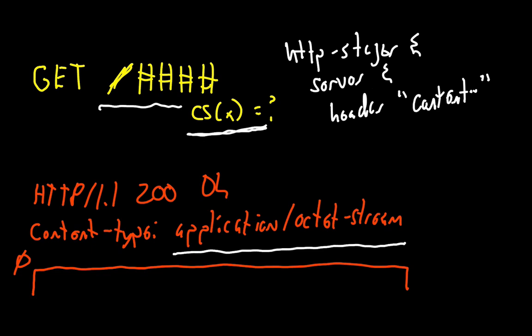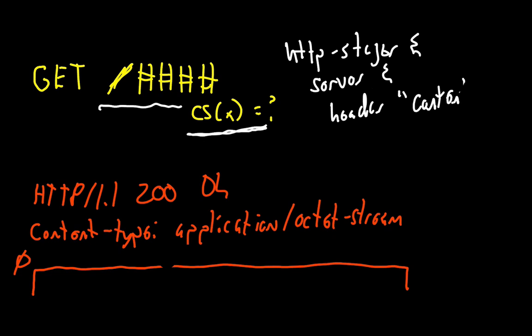Again, in some stacks, application octet stream might get special attention. And this goes for all of your Malleable C2 blocks, not just staging, but avoid application octet stream.